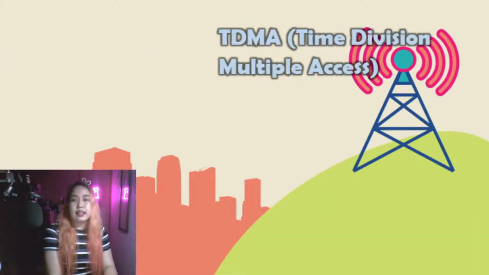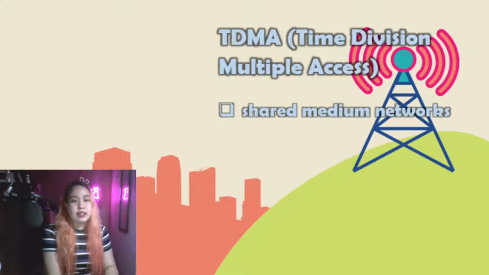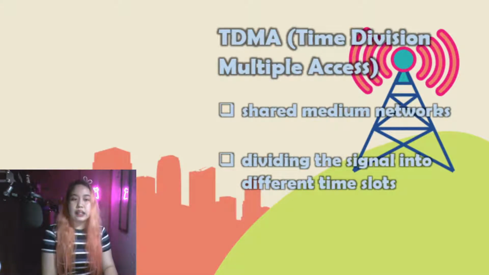Second is the TDMA or the time division multiple access. TDMA is a channel access method for shared medium networks. It allows several users to share the same frequency channel by dividing the signal into different time slots.